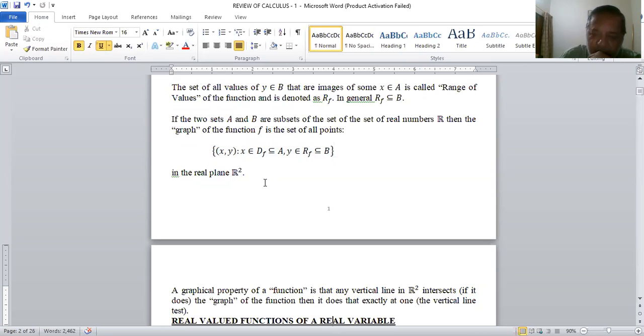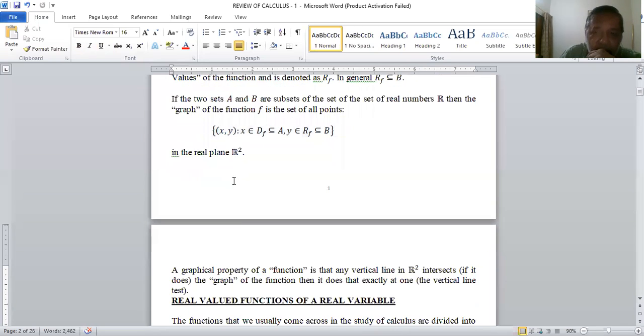And this graph, of course, lies in what we call the real plane R square, जिसको आप XY plane आमतौर पे कहते हैं.